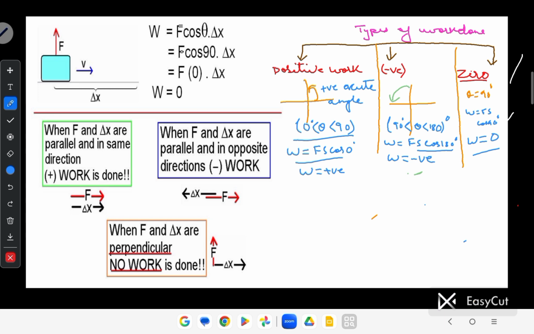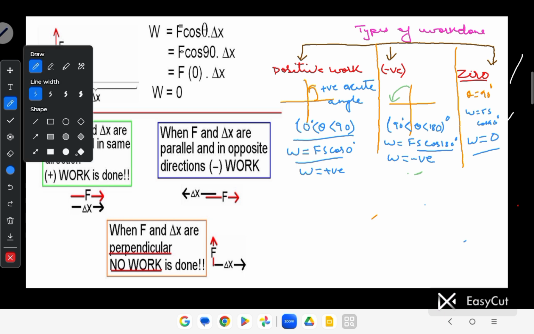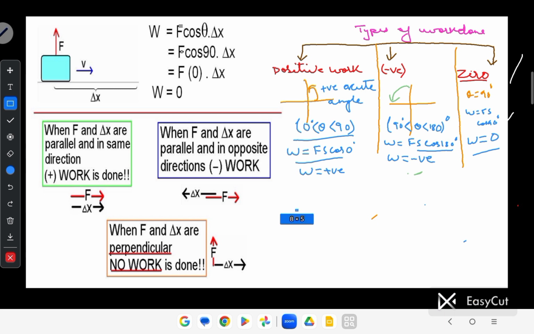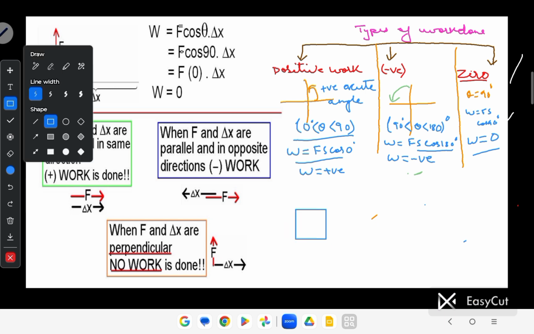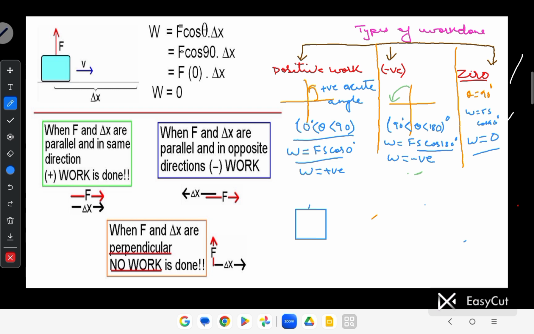Let's suppose we are having a shape like this. In this very shape, tension is acting in this direction and its mass is m, so mg is acting downward.